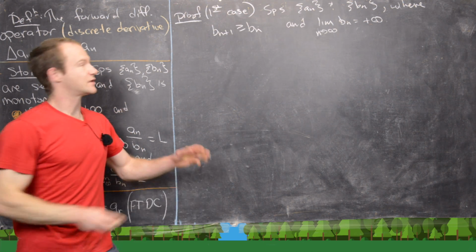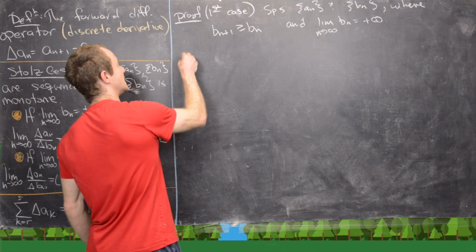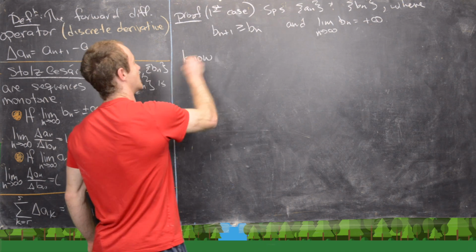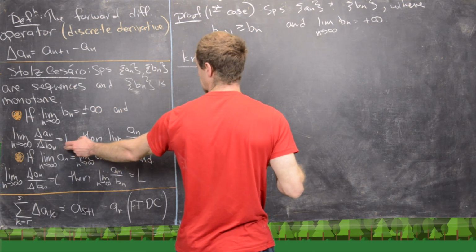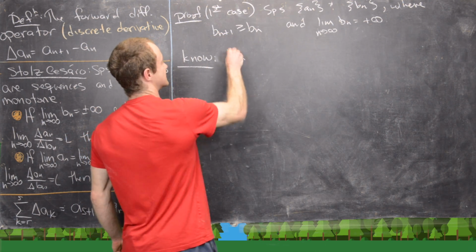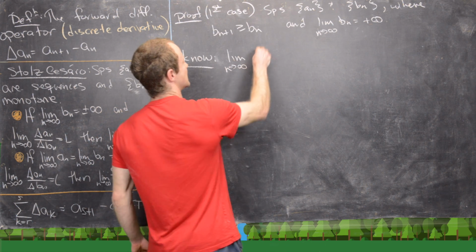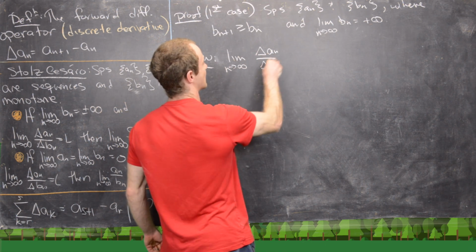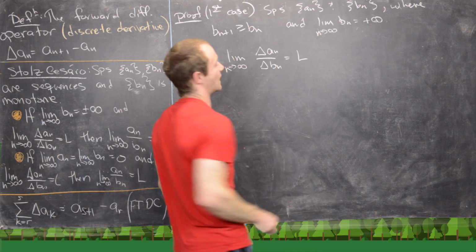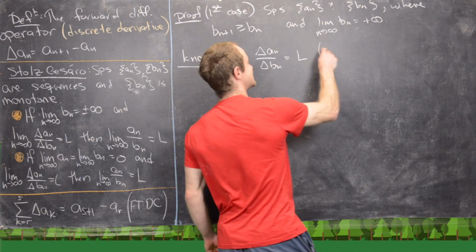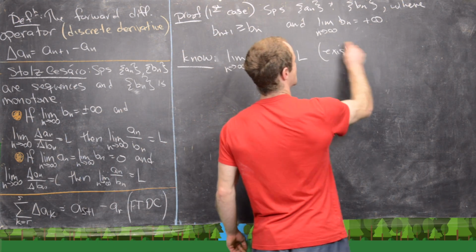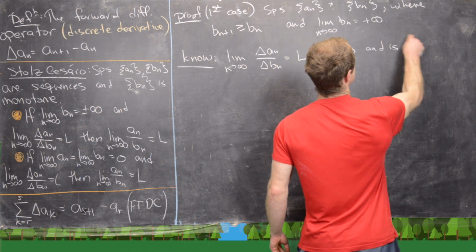Good. Now what we're assuming here is that this limit exists: the limit as n goes to infinity of delta a_n over delta b_n equals L. So this exists and is finite.